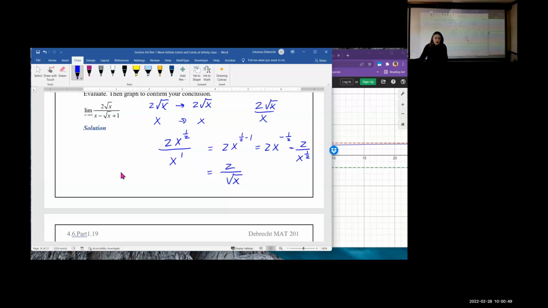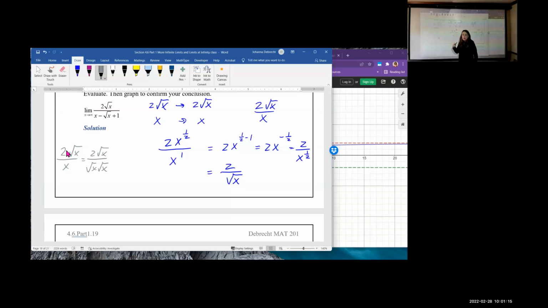Now, this is one way of handling it, but I'm going to give you another way. You could look at 2 square root of x over x, and you could consider this 2 square root of x over square root of x times square root of x, because x is equal to its square root times itself.